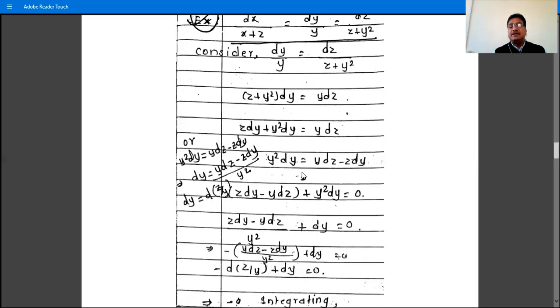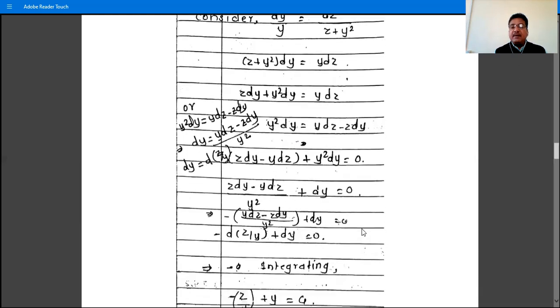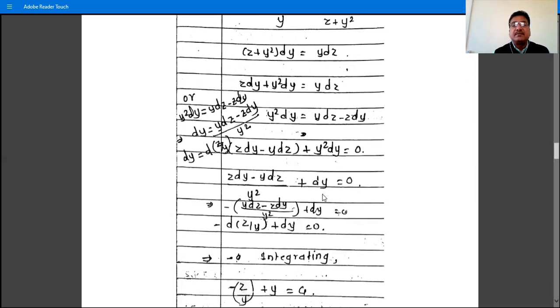So dividing this equation throughout by y square, what do we have? Substituting z dy and y dz into the left-hand side, we have (z dy minus y dz) divided by y square, and this y square gets cancelled, so dy is equal to 0. Either divide by z square or divide by y square.